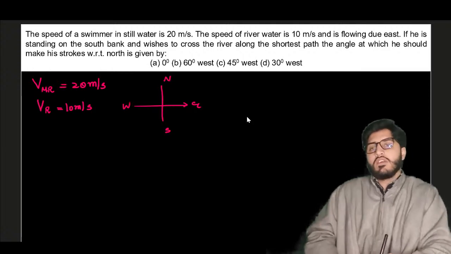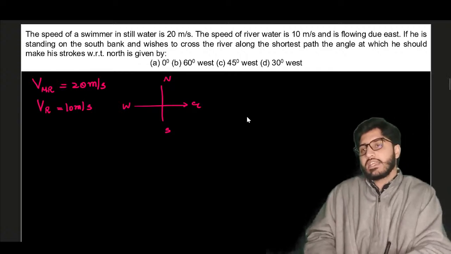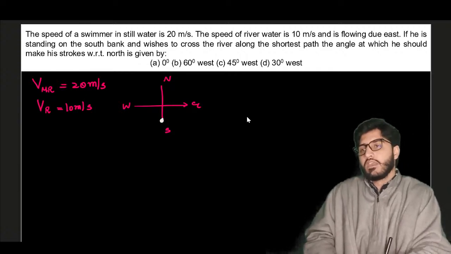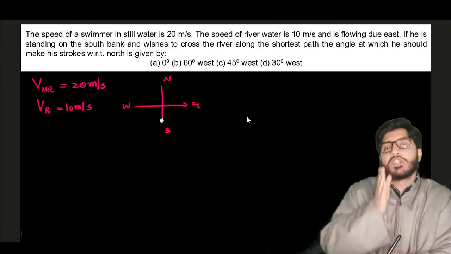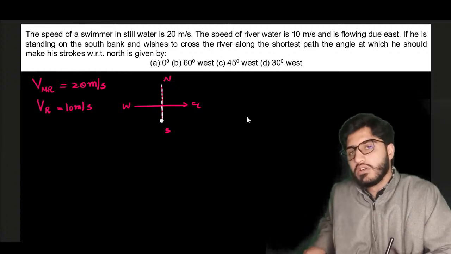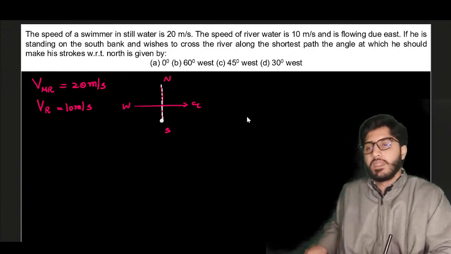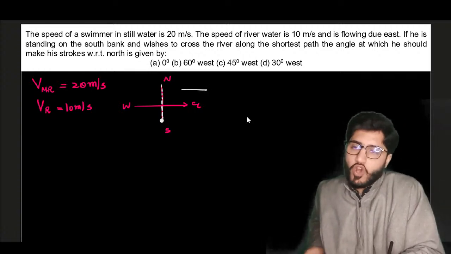Okay. If a person is standing on the south bank, here, south bank, and wishes to cross the river across the shortest path. Shortest path means the perpendicular distance. If the person wants to go from south to north, okay, it is the shortest path, but there will be a water current. This one, no?